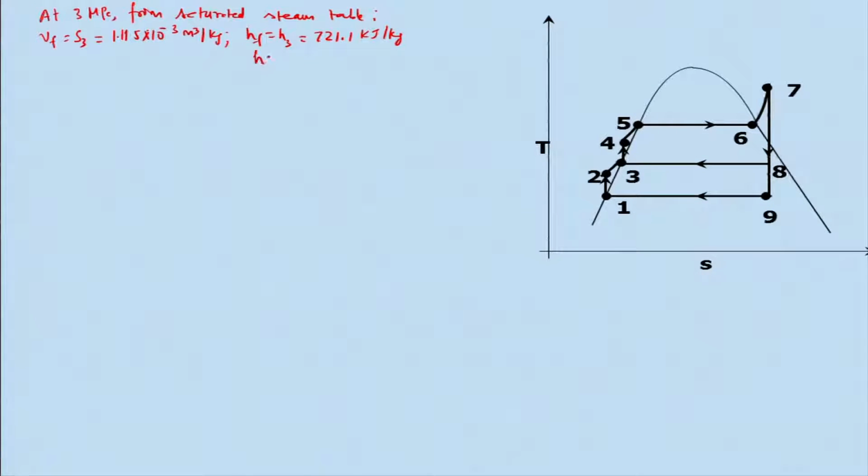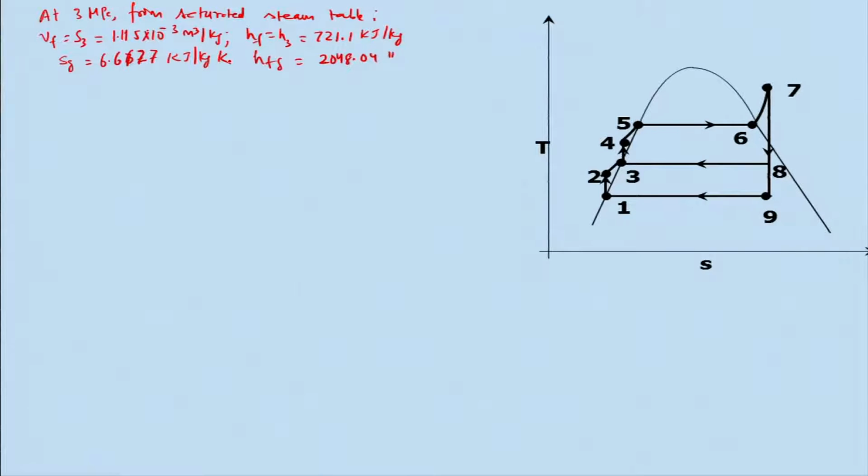and I can get Hfg is 2048.04 kilojoule per kg, and I get Sg is equal to 6.6627 kilojoule per kg Kelvin.